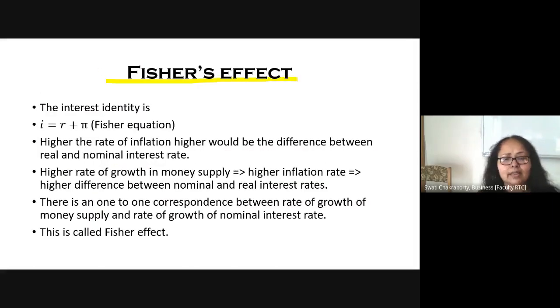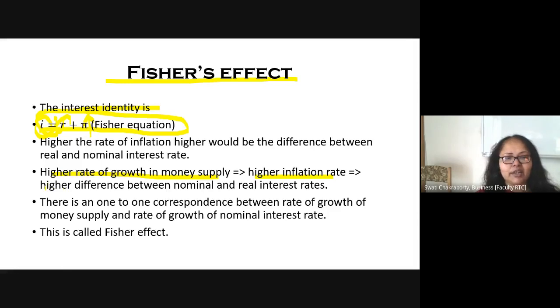So we go to the next part, which is Fisher's effect. We just got the equation I equal to R plus pi, which is the Fisher's equation. It's also called the interest identity. So higher the rate of inflation, what would happen? Greater would be the difference between real and nominal rate of interest. So the difference is more, right? So when you have higher growth rate in money supply, it will lead to higher inflation rate, we know that.